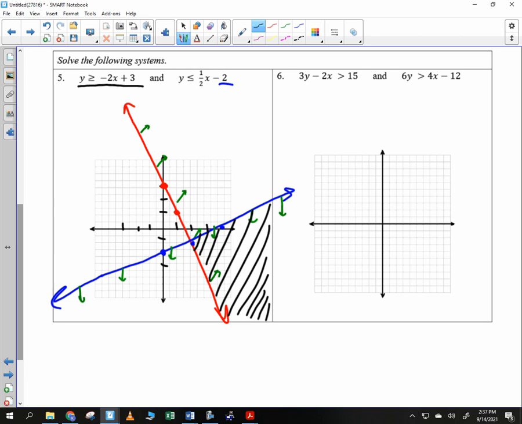Last one. I'm going to put it in slope-intercept form. I'll subtract the 3y from both sides. Whoops, sorry. I'll add the 2x to both sides. I have 3y is greater than 2x plus 15. Divide both sides by 3. Y is greater than 2/3 x plus 5.